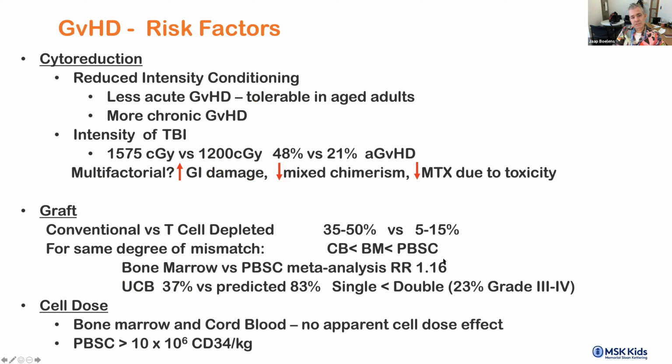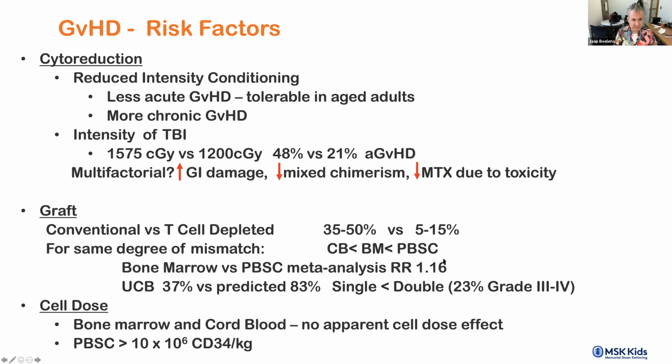So what are risk factors considering the graft and the chemotherapy? This is general, so this is not only focusing on ALD, because we don't give TBI in ALD and leukodystrophies. But if you get TBI with a higher dose of the irradiation, you have more chances of GvHD because you give more damage to the body, which may trigger GvHD.